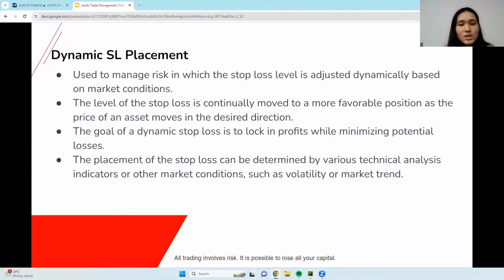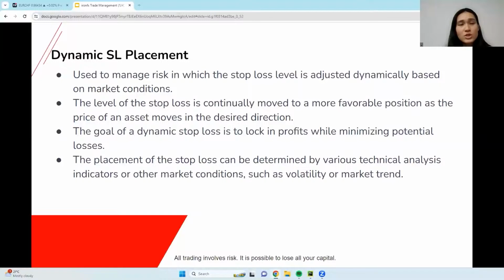This is why it's important to have dynamic stop loss and take profit placements. Dynamic stop loss basically is a trading strategy used to manage risk, in which the stop loss level is adjusted dynamically based on market conditions.